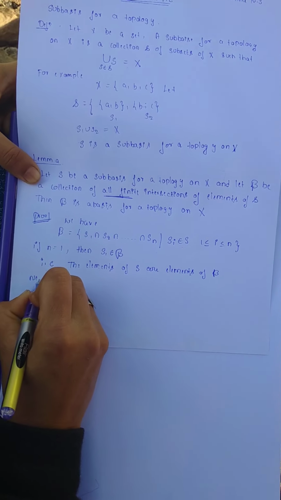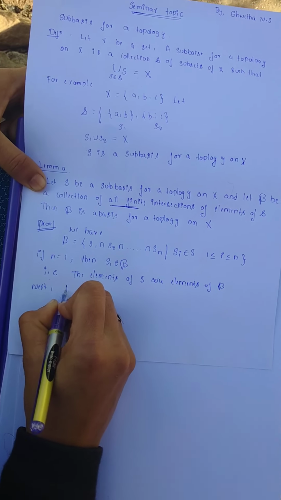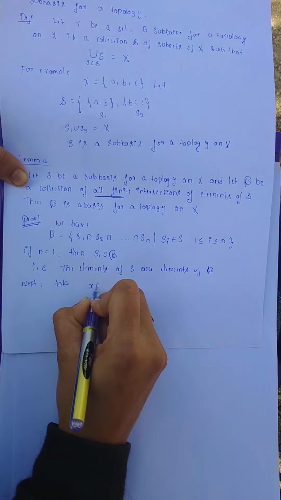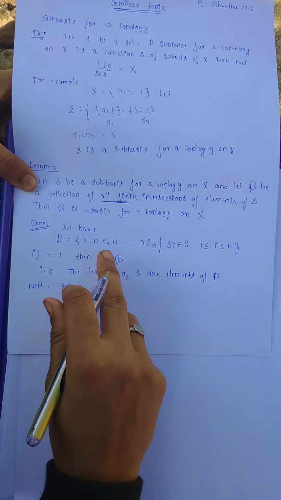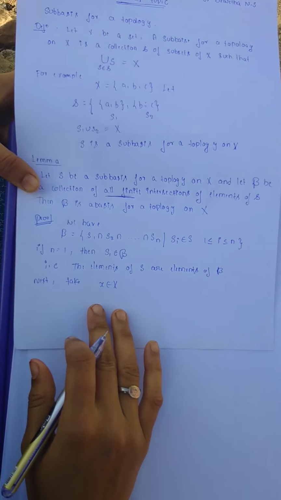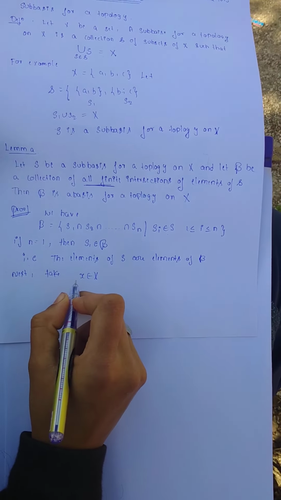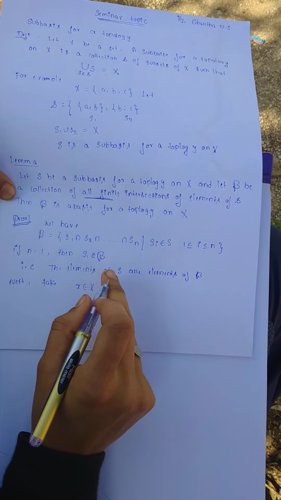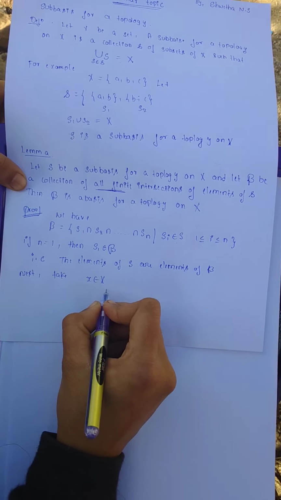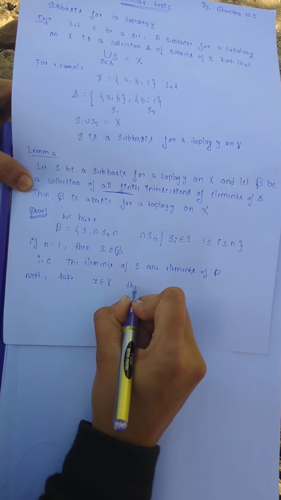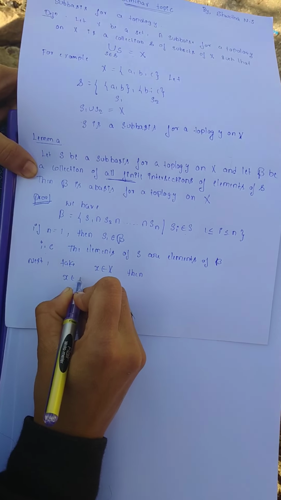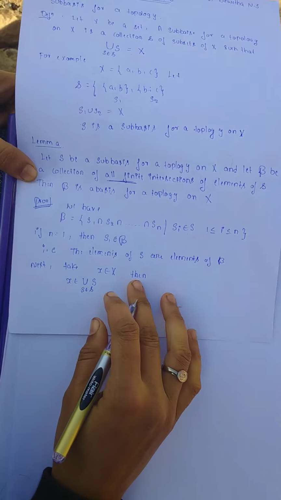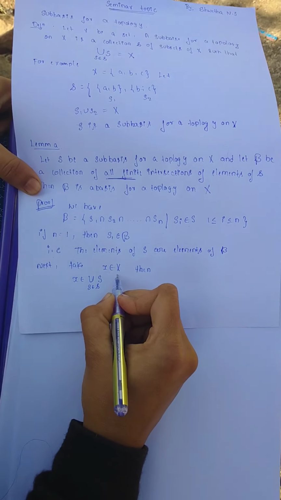Next, take x in X arbitrary, because we want to prove that B is a basis. We have to verify two conditions. In the first condition, begin with an element of S. If x belongs to X, then x belongs to the union of elements of S, because S is a subbasis.